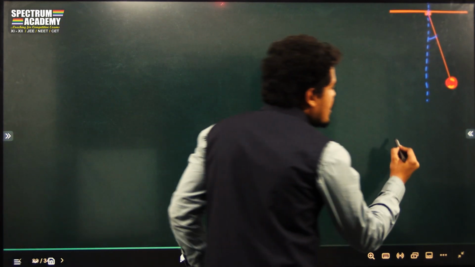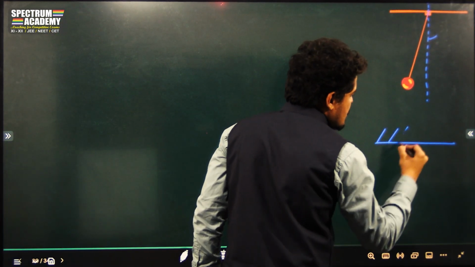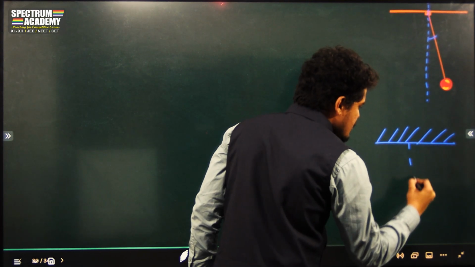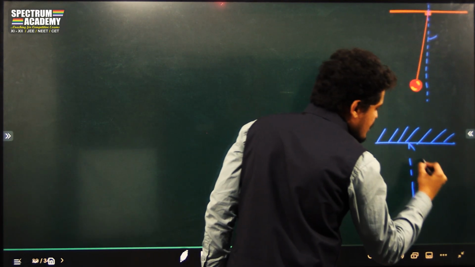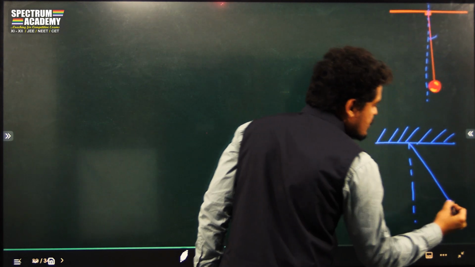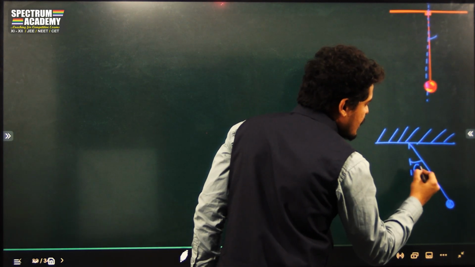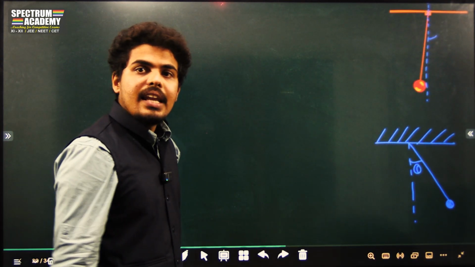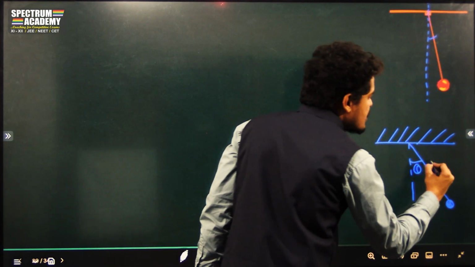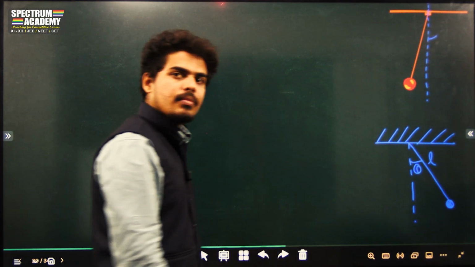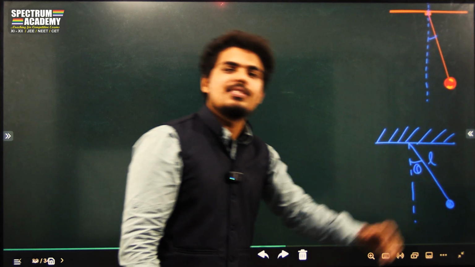If I am considering this simple pendulum, suppose this is the mean position and this is some mass, this is the angle theta, and let us consider the length of the simple pendulum is L and the mass of the bob is m.